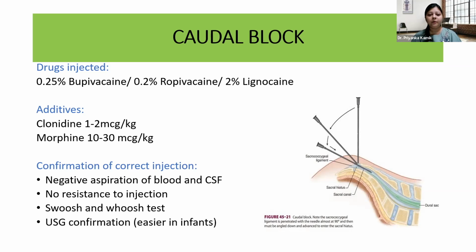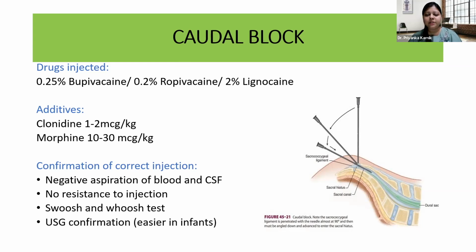Now, how do we confirm the correct injection? First of all, there will be negative aspiration of blood as well as CSF. Then there will be no resistance to injection of the drug. Again, we have the swoosh and the whoosh test. The whoosh test was first described in the 70s or 80s, I feel, where they would inject 2 to 3 cc of air into the caudal space and then auscultate with a stethoscope placed proximally on the spine.